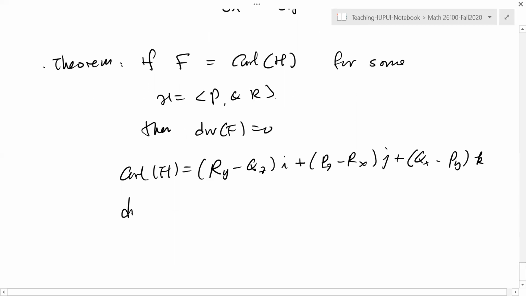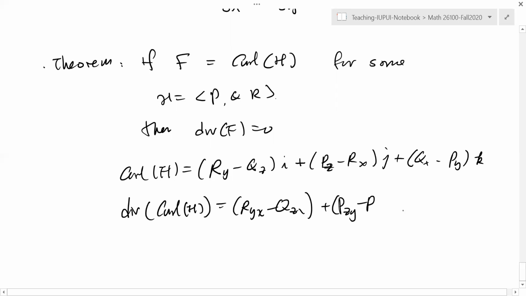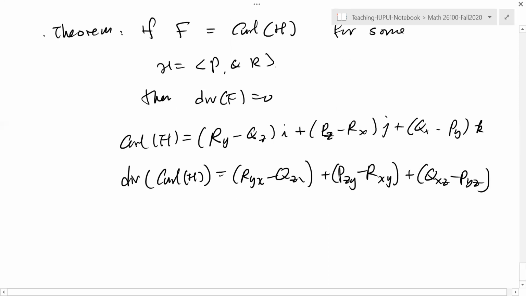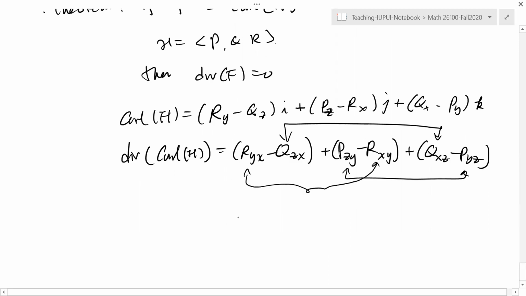So when we compute the divergence of the curl of H, you just need to differentiate the first component with respect to x, so R_yx minus Q_zx. Plus P_zy, we differentiate with respect to y, and then you differentiate the last one with respect to z. Now you have all those 3 components, total 6 terms. But you will see that those 2 will be canceled out, and these 2 will be canceled out, and these 2 will be canceled out. So they all cancel out. It's going to be 0.